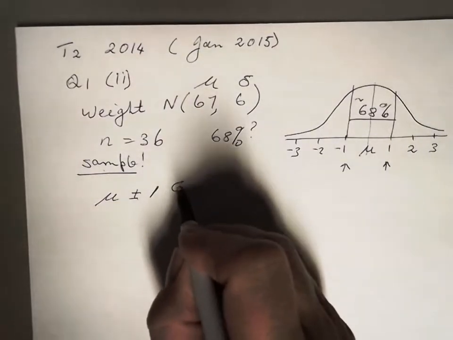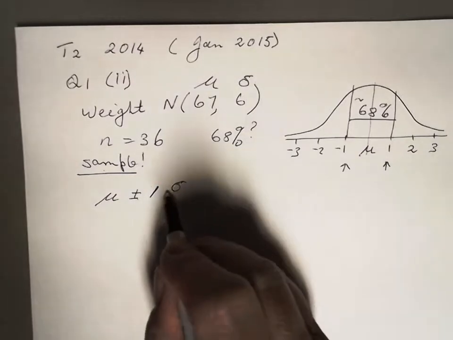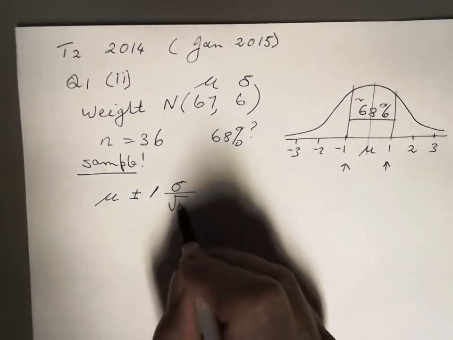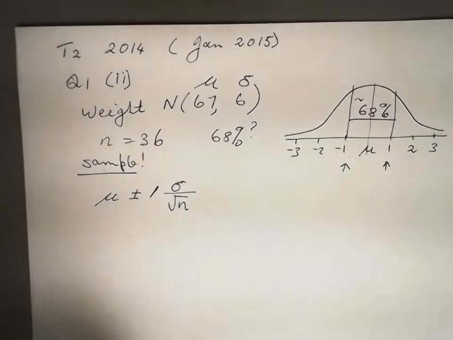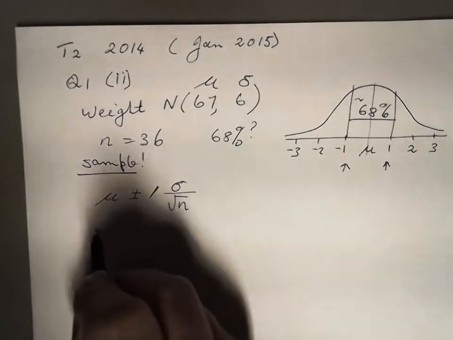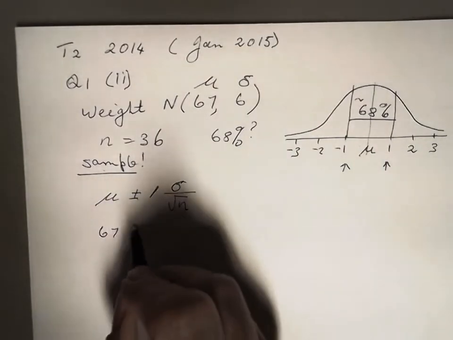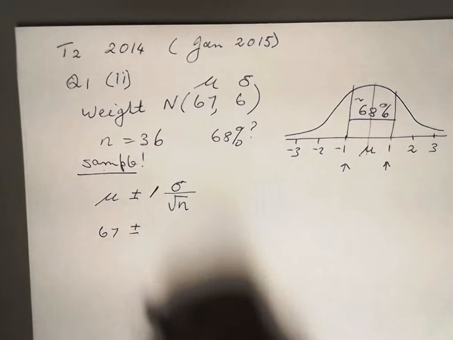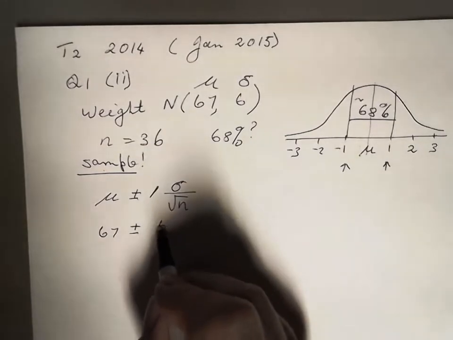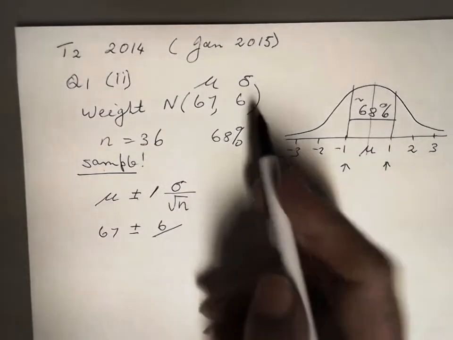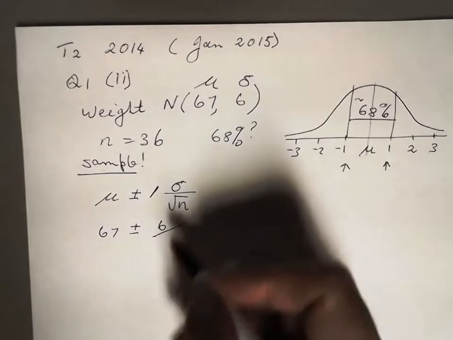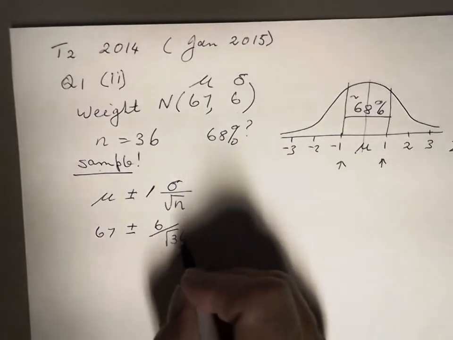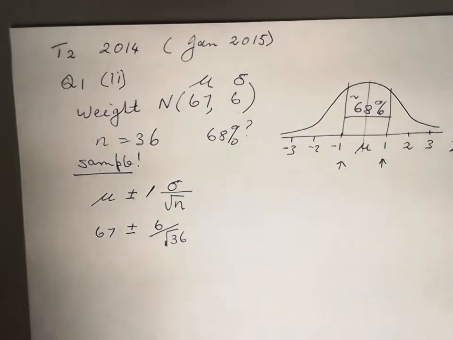So we want sigma over the square root of n. This will give us 67 plus or minus, we can leave the 1 out now, our original population standard deviation of 6 and our sample size of 36.